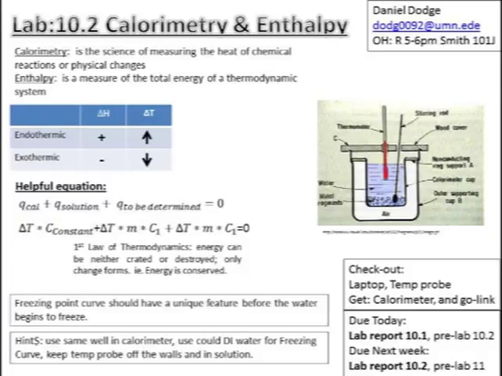The second part of this lab is the freezing point curve. Essentially, you're going to add salt to ice, and that'll cause the ice to melt, but it won't give off that much heat, and it would cause the slurry that you're making to get much colder than 0 degrees Celsius.